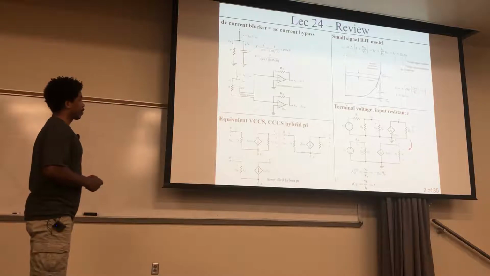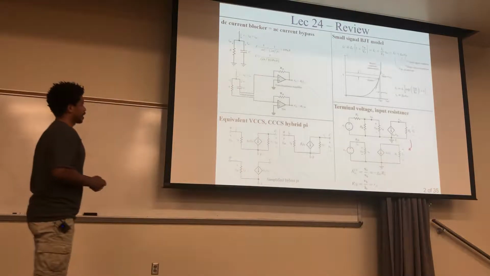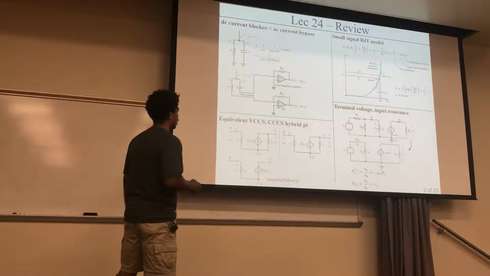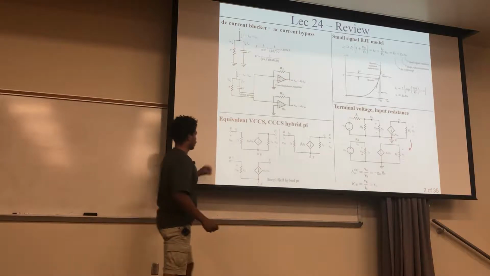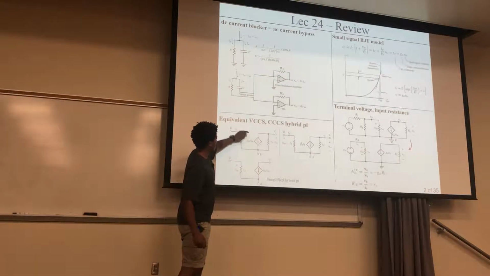We also looked at the equivalent voltage-controlled current source and current-controlled current source of the hybrid pi model. Remember, the hybrid pi model was when the voltage-controlled current source right here actually had zero gain, so that's gone.